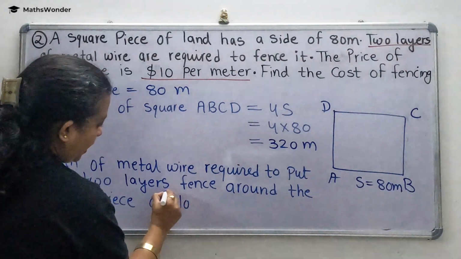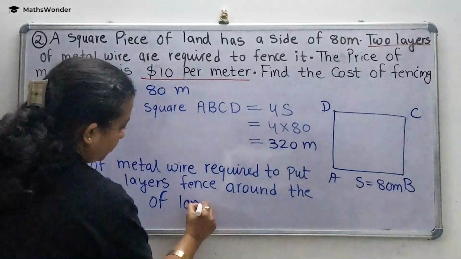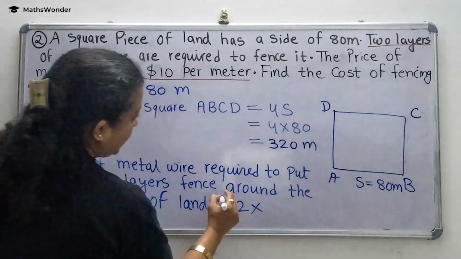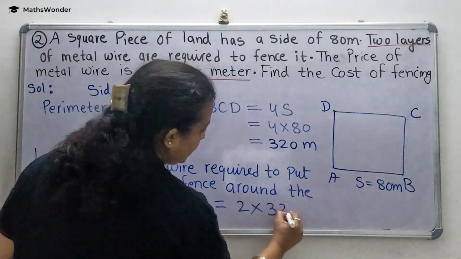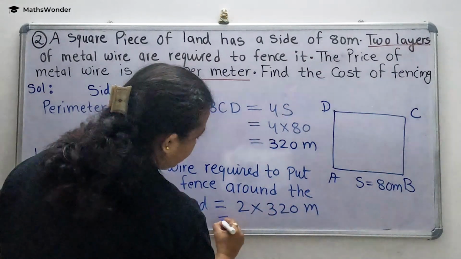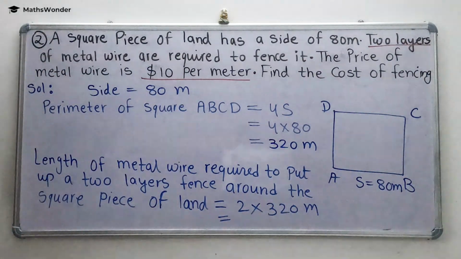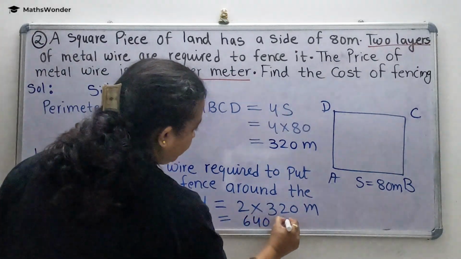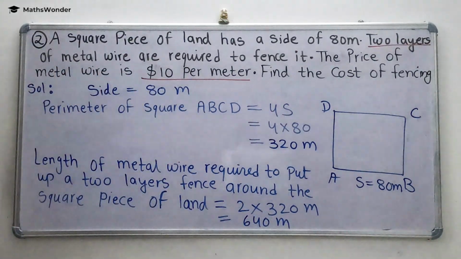So when we have to find for two layers, you will multiply 2 times the perimeter. The perimeter was 320 meters. You will multiply with 2, and you will get 640 meters. So 640 meters of metal wire is required to put up a 2-layer fence around the square piece.